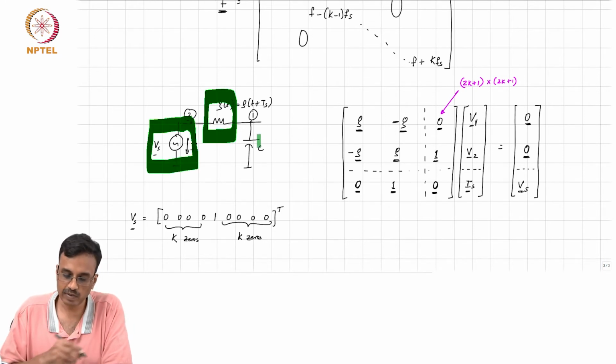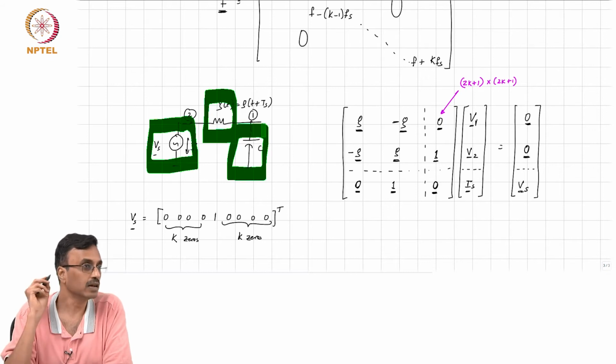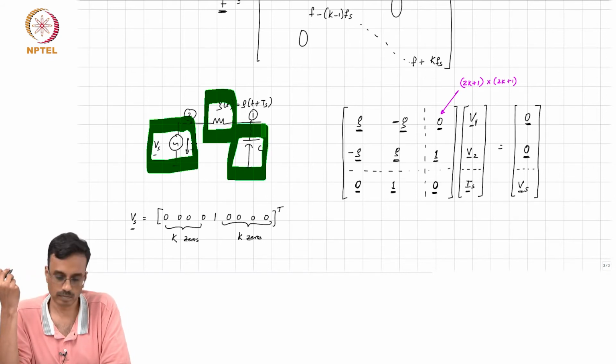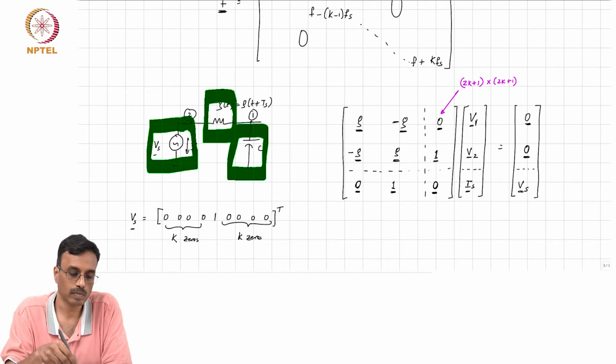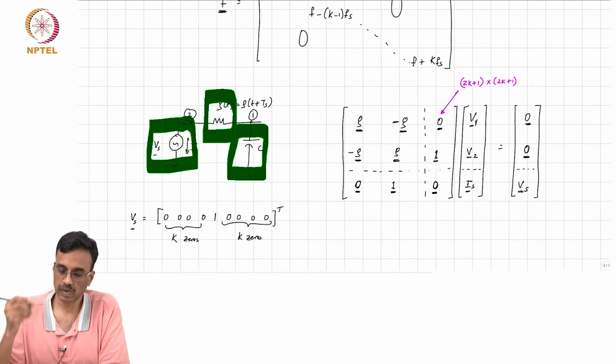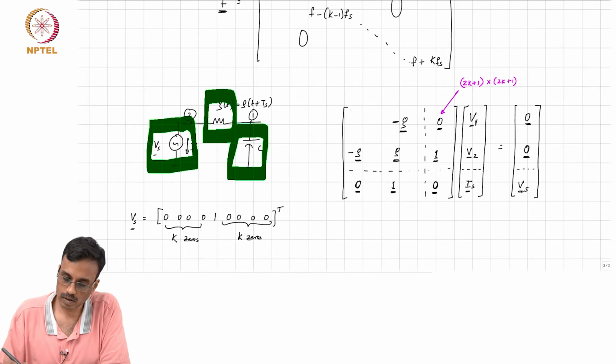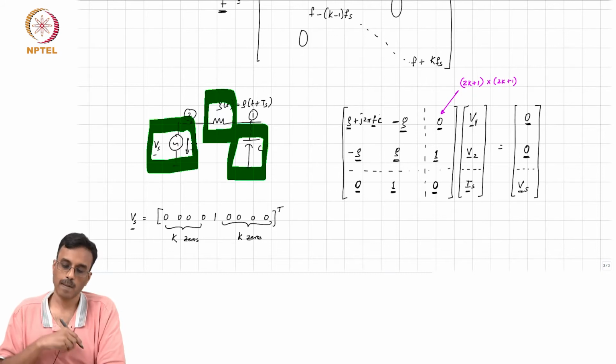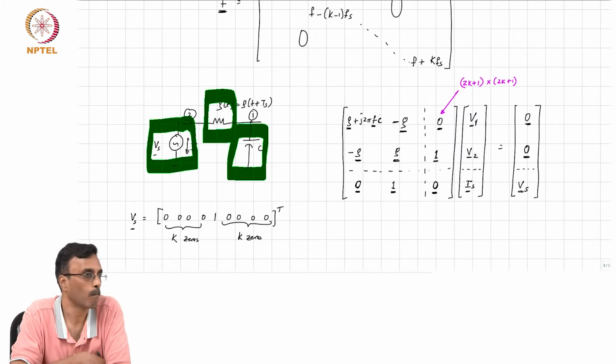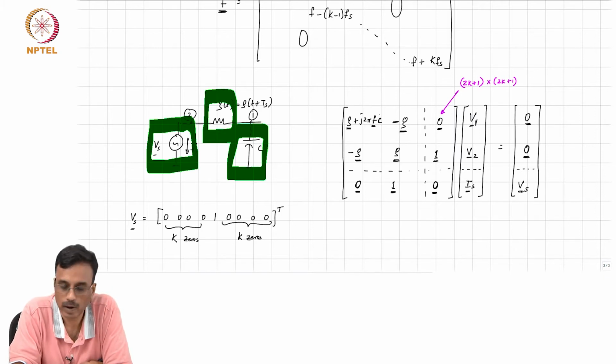The last thing we need to do is add this guy in here. Plus, so G plus j 2 pi f, sorry, j 2 pi f times c. All right.